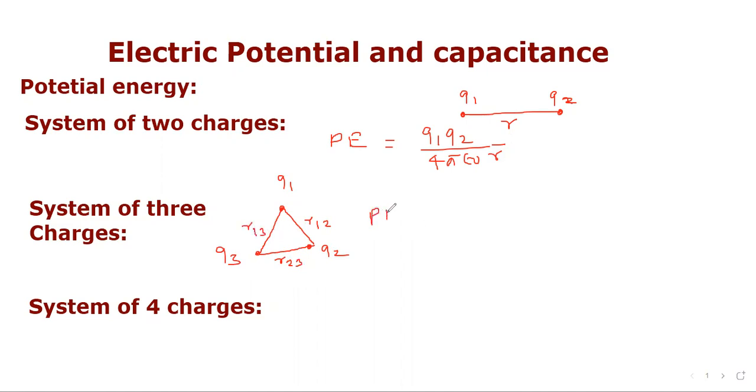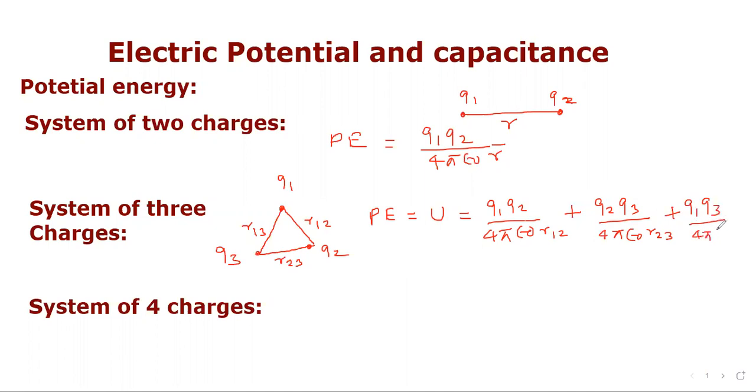Then potential energy of the system denoted as U will be equal to Q1 Q2 divided by 4 pi epsilon naught, separation between the two charges, that is R12, plus Q2 Q3 divided by 4 pi epsilon naught R23 plus Q1 Q3 divided by 4 pi epsilon naught R13.